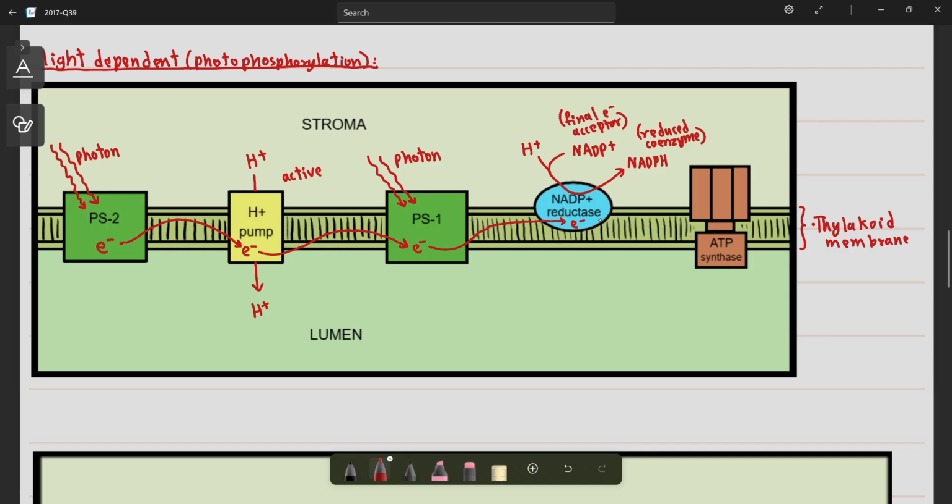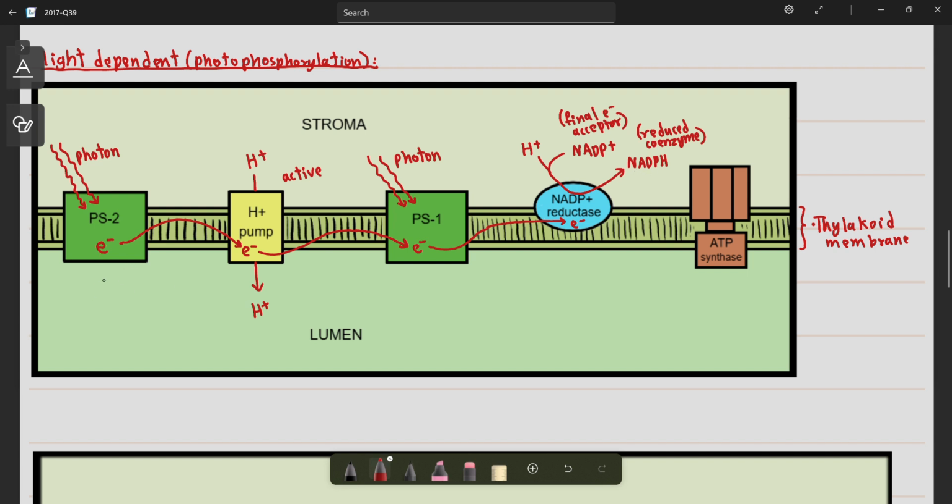Now the process does not stop here. We know the electron from photosystem 2 has been lost, as it has been used up in the end by NADP plus to be converted into NADPH.